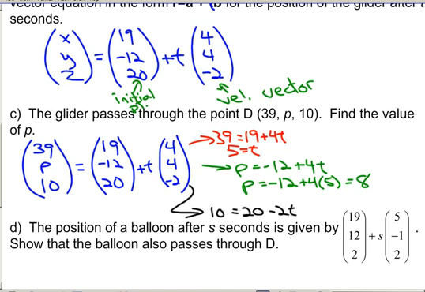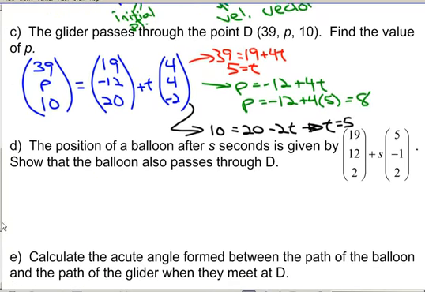That also would have given you t equals 5. And if it hadn't, then the glider would never pass through this point. Okay? If we'd gotten different t values depending on the line or the parametric equation we chose, that would be a bad situation. It would just show that the glider never passes through this point D. It is never at once at an x value of 39 and a z of 10.